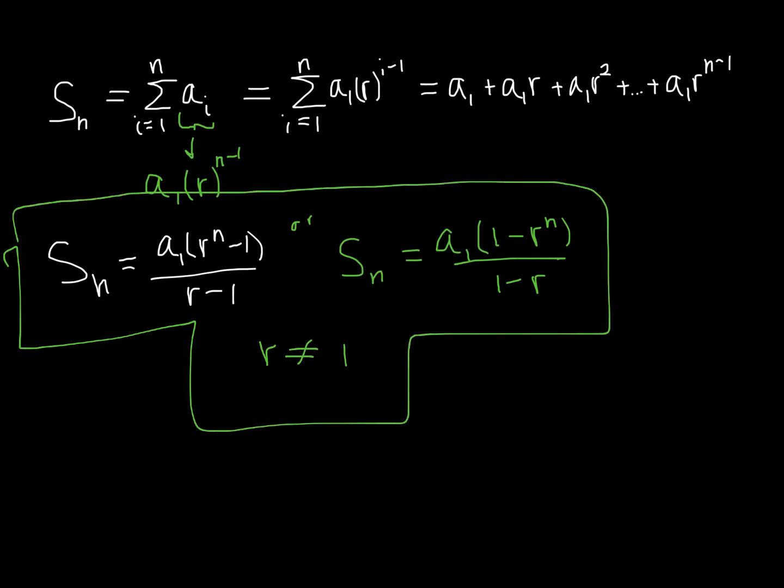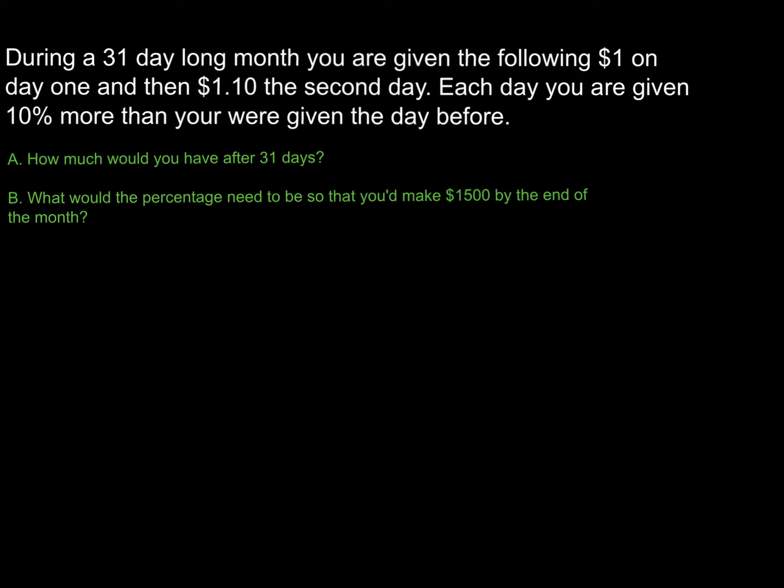Okay. So now we're going to think about applying these in situations where the real world scenario requires us to find the partial sum of a geometric sequence. During a 31-day long month, such as March, you are given the following: $1 on day 1, and then $1.10 on the second day, so on and so forth.